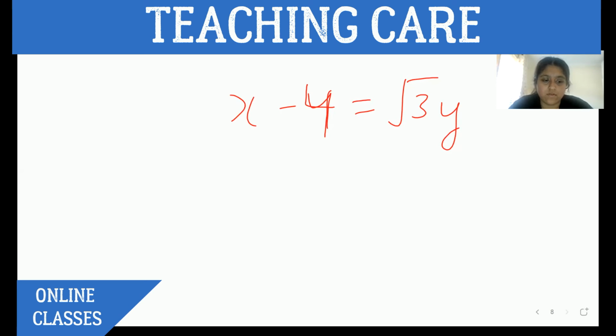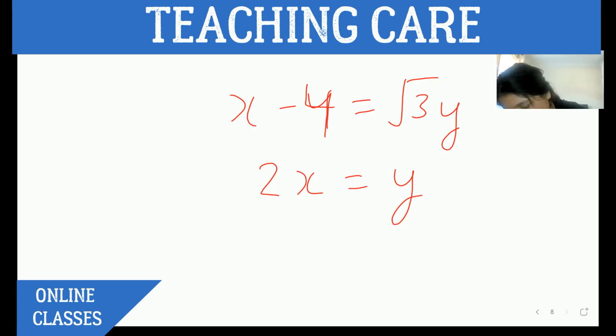One more: 2x equal to y. 2x plus 1y plus, okay, no. 2x minus 1y plus 0 is equal to 0.